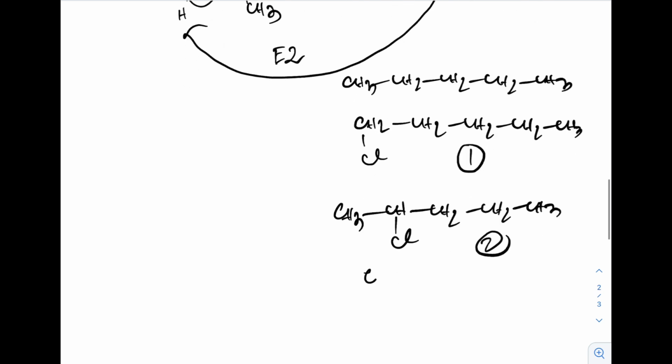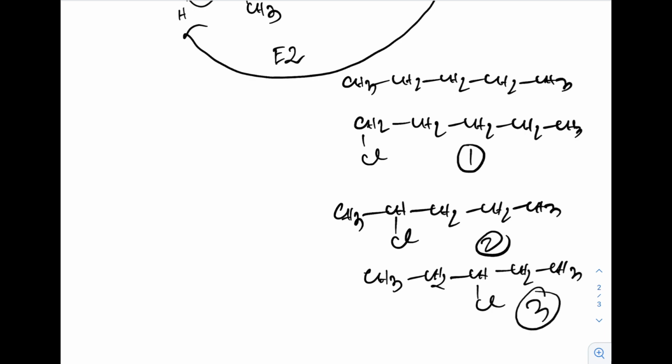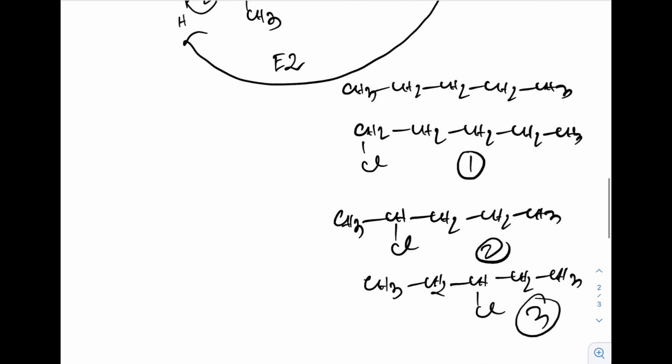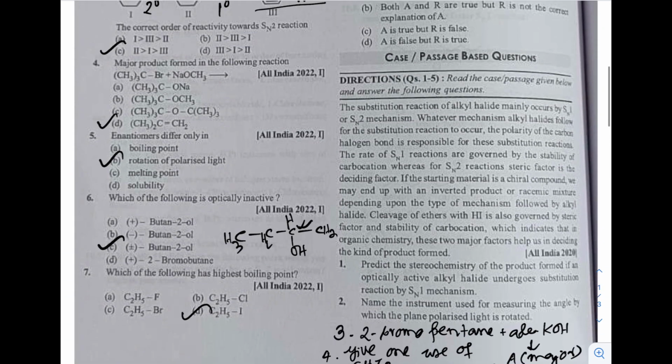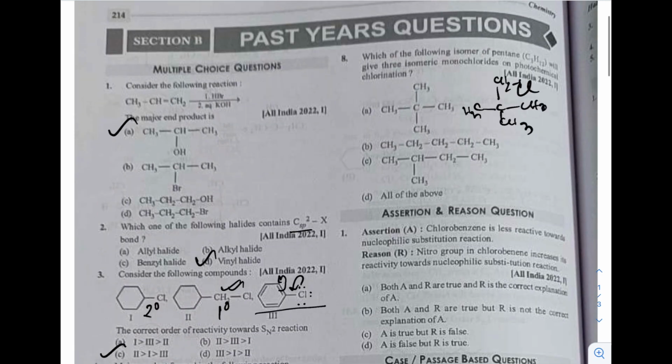Another one is this one, 3-chloropentane. These 3 monochloro derivatives are possible for n-pentane. So in the question it has been asked which will give 3 monochlorides. So n-pentane, that is option 2, is the correct answer, option B.